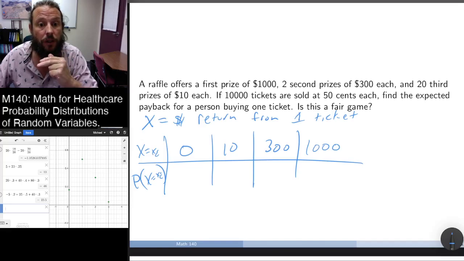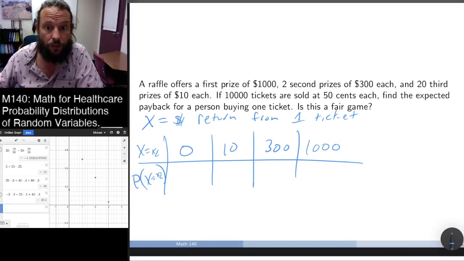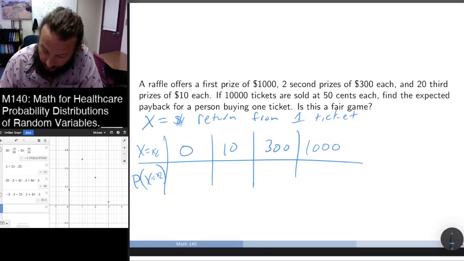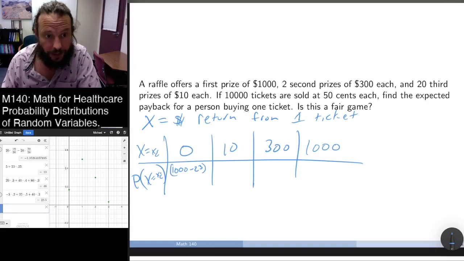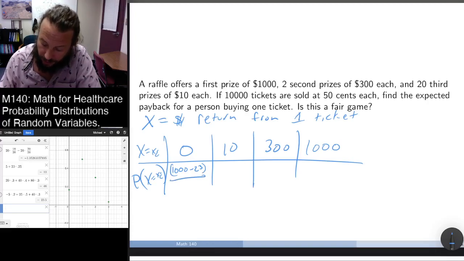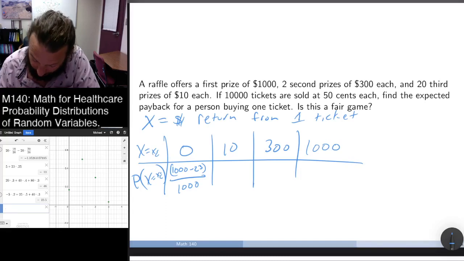That's 23. So it's going to be 10,000 minus 23, all over 10,000. You could do that on a calculator if you want. That's 9,977.